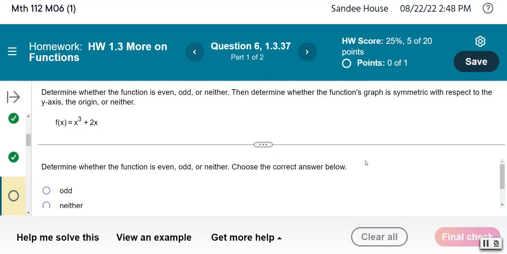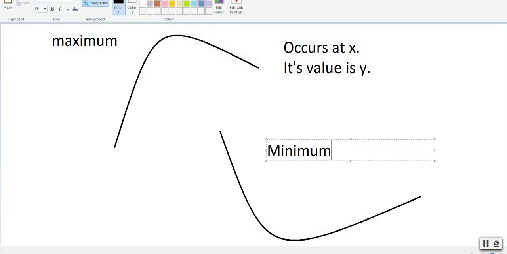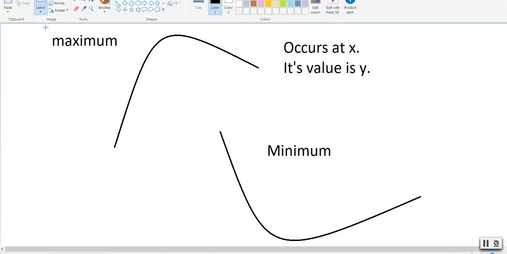All right. Now let's talk about even, odd, and neither, and whether the graph is symmetric with respect to the y-axis, the origin, or neither. Okay, so even functions.